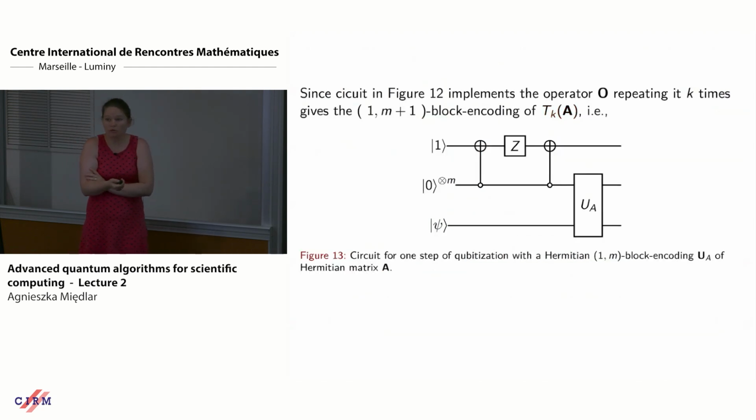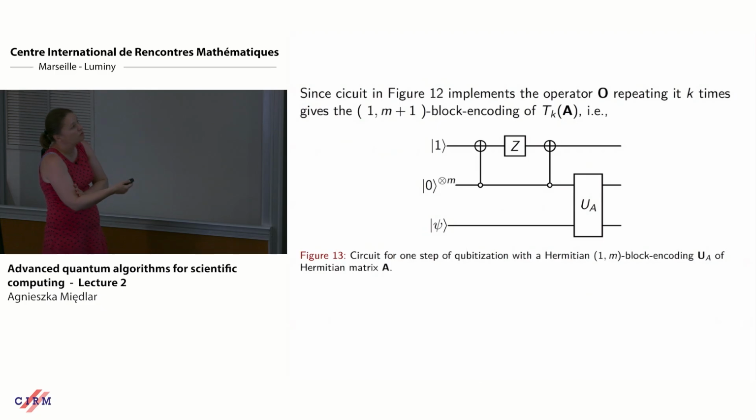However, usually we don't want only m equal to 1, so we have to go to a larger number of ancilla qubits because it's also connected to the input. So the circuit, if we want to apply the general operator O, we have to repeat k times.